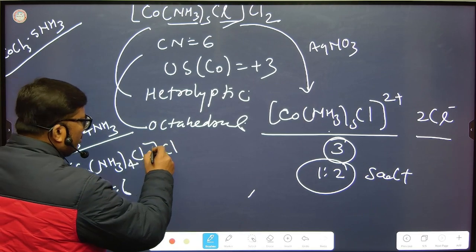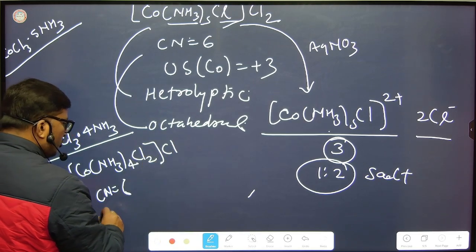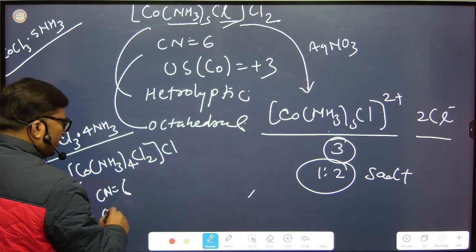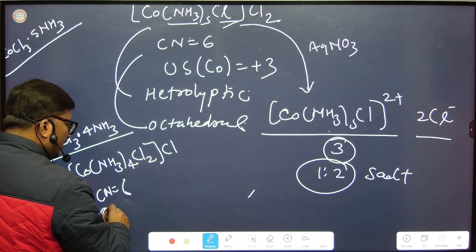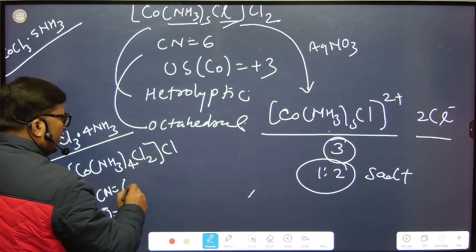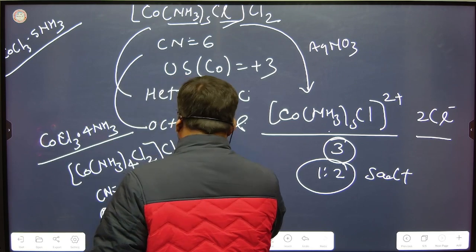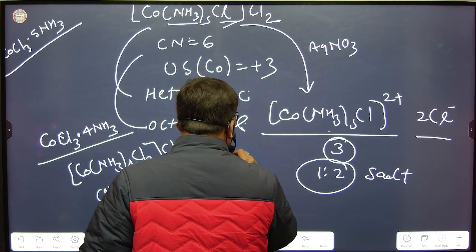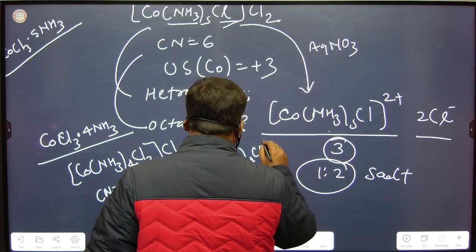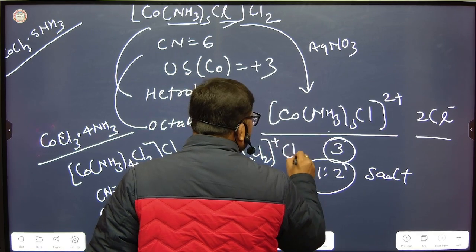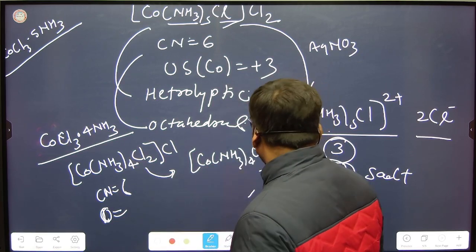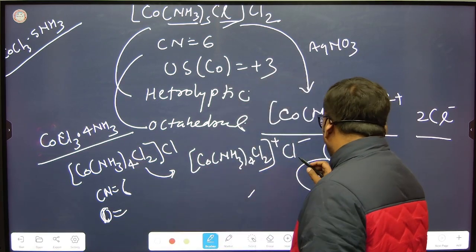So this gives the oxidation number and primary valency. Here the compound exists as [Co(NH3)4Cl2]+ Cl minus. So here 1 chloride ion is ionizable.